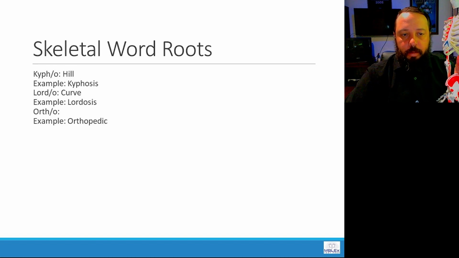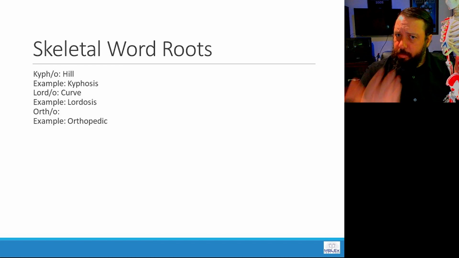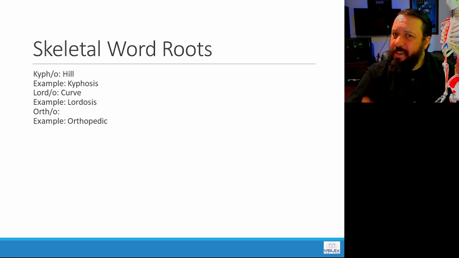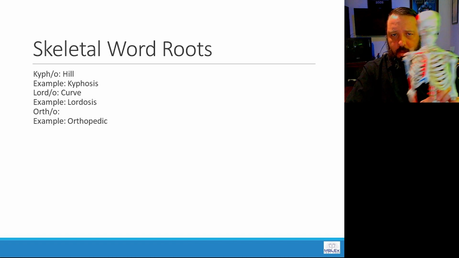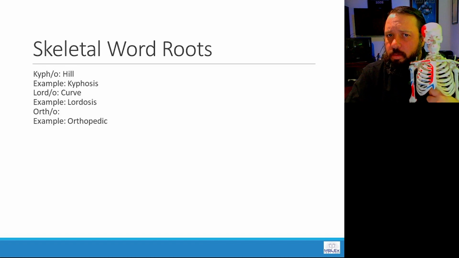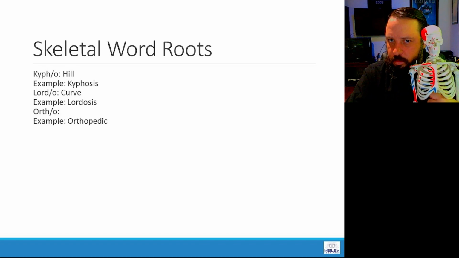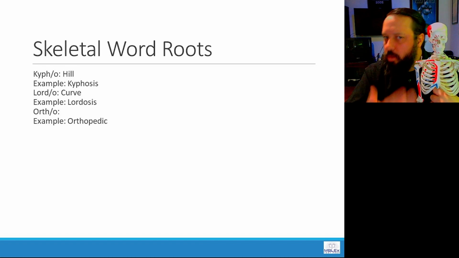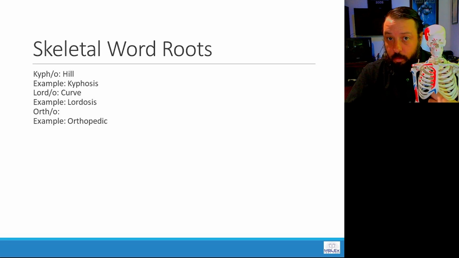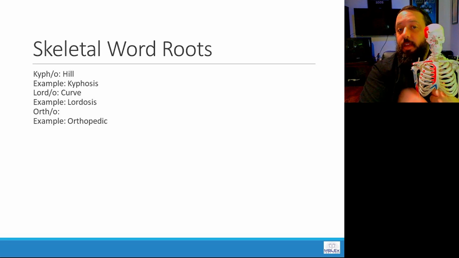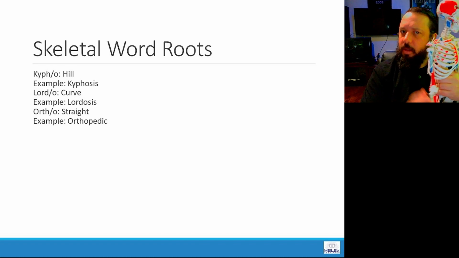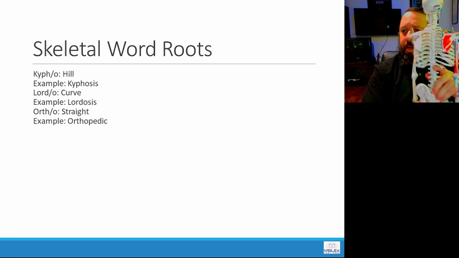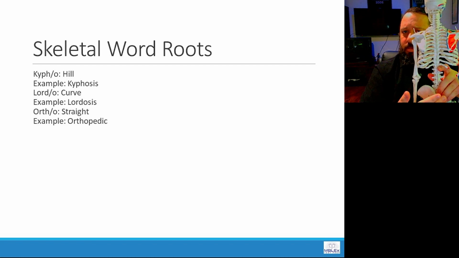Moving on. Ortho, like orthopedic. What about orthodontist? And we kind of went over orthodontist a bit earlier. Donto means teeth. So we think of orthodontist. Orthodontist applies braces to do what to the teeth? To make the teeth straight, right? So orthopedic doctors are doctors that try to get the body to be as straight as possible, right?